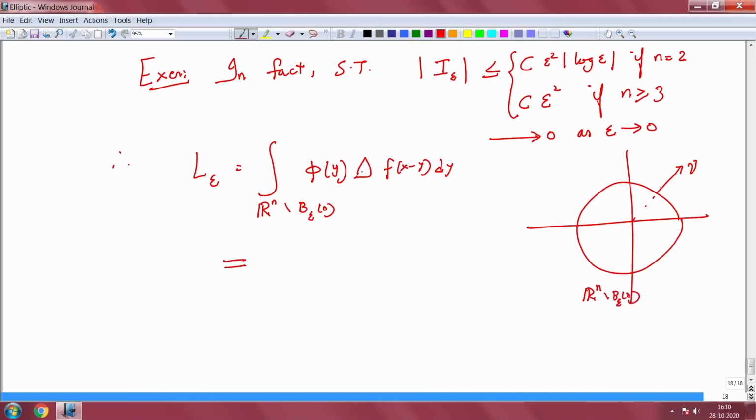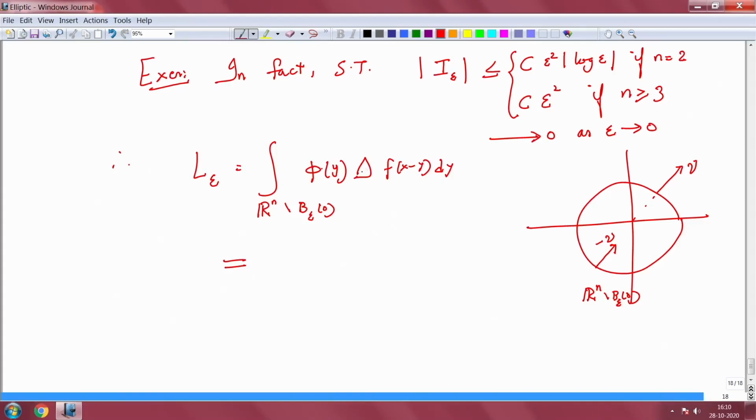So, if I take this as my normal, for this the external normal is minus nu. So, you have to be careful, external normal is minus nu. I always fix the normal outside the B epsilon ball, but my integration is over Rn minus B epsilon, outside that. So, its outward unit normal is going inside the ball.